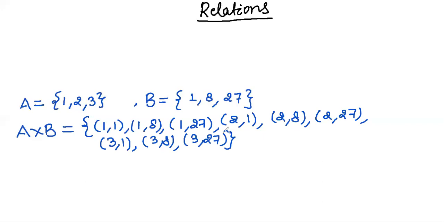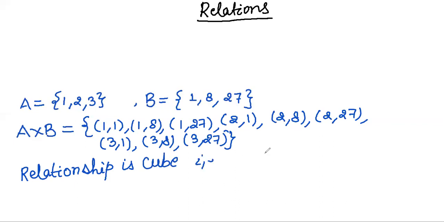Now we have to find the relation. For a relation, you know that we always have to take a particular condition. So I'm taking here the condition between set A and set B, that the relationship is cube, meaning the second set element will be the cube of the first set element.